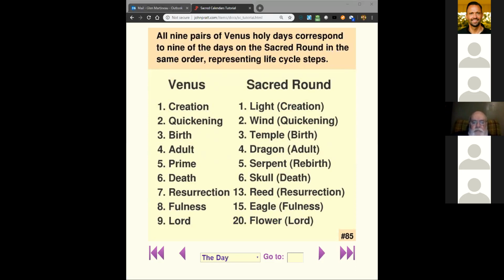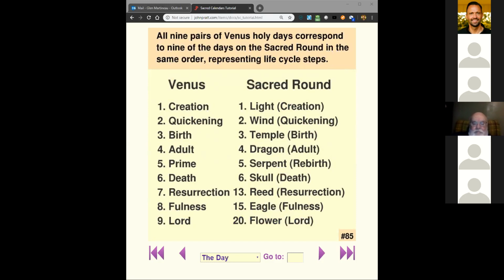Prime is serpent. And I think we talked about how the serpent represents rebirth because the serpent can crawl out of its skin and be born again. And that's what prime is. And then skull is death. That's no surprise. Reed, we talked about his resurrection, and sure enough, that corresponds to the resurrection of Venus. The eagle is not as obvious.